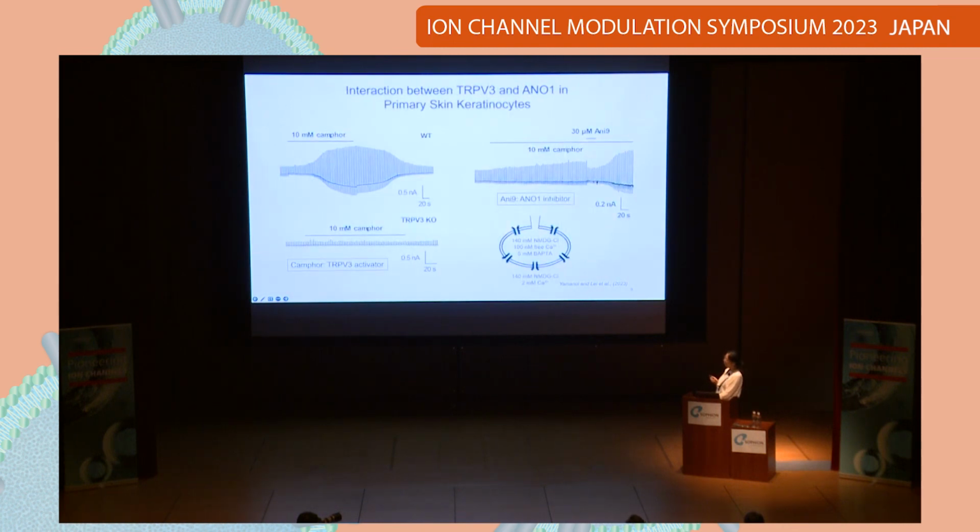More than that, we also confirmed the interaction between the two proteins in primary mouse skin keratinocytes, as shown by the camphor-induced chloride current in the wild-type keratinocytes, but not in those lacking TRPV3. Likewise, the ANO1 inhibitor blocked the camphor-induced chloride current.